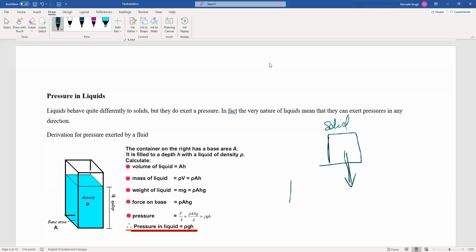But liquids, on the other hand, if you have a container with a liquid, pressure acts in almost every single direction possible. So the formula here is slightly different. Well, actually, it's a lot different. Okay, so let's just go through this.